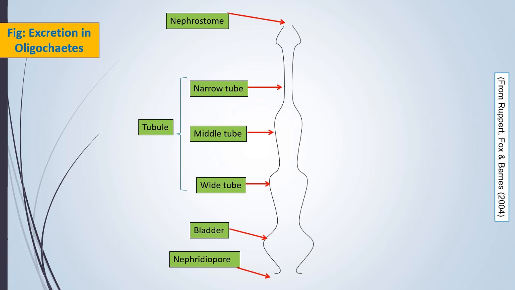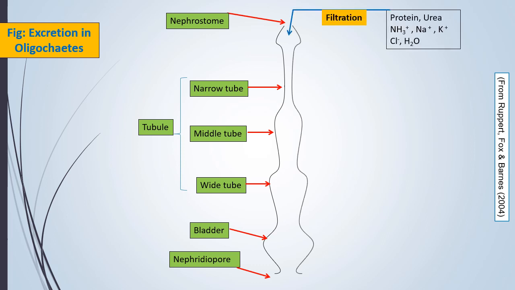The nephrostome is a funnel-like structure which filters the unwanted materials from the blood, which includes protein, urea, ammonium ion, sodium ion, potassium ion, chloride ion, and some water.